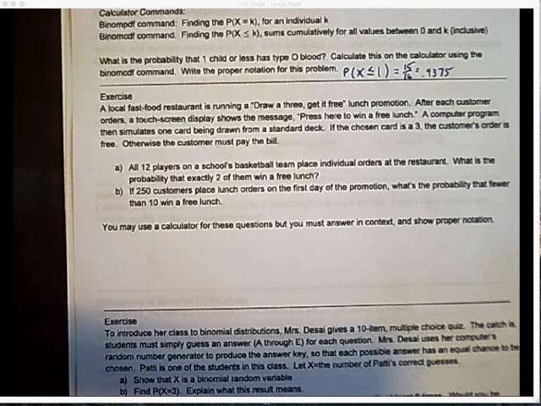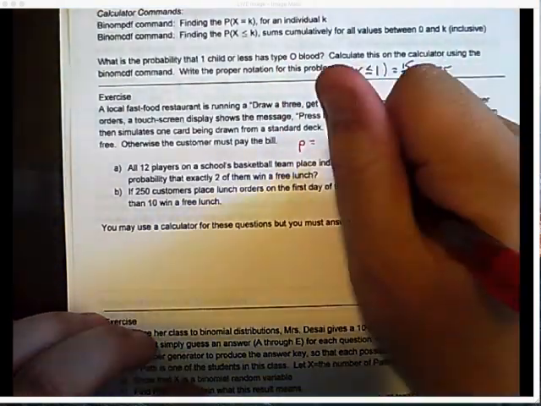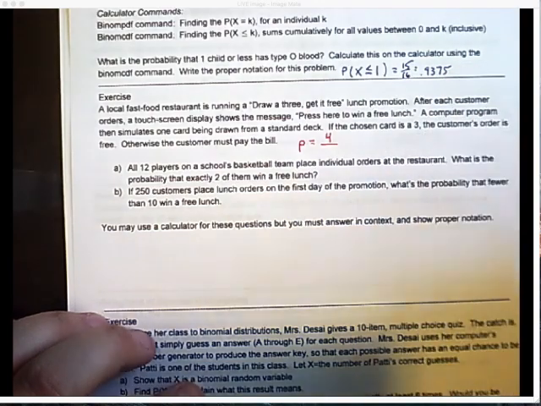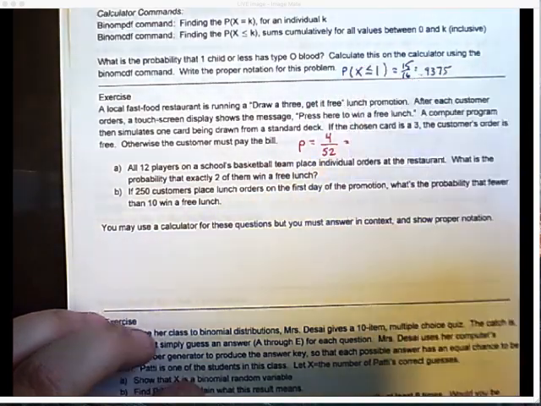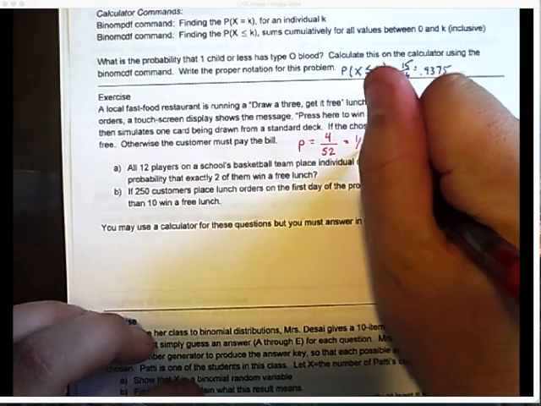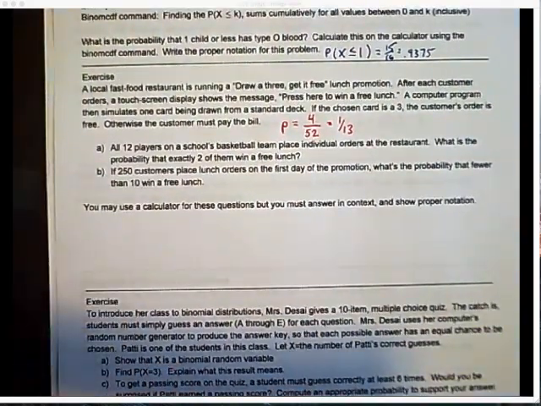Otherwise, the customer must pay the bill. Okay? So the probability that I get a 3, how many 3s are in the deck? Well, there's 4 3s in the deck. How many cards are in the deck? There's 52. If you want to simplify that, you can, but you don't have to. It simplifies to 1/13.